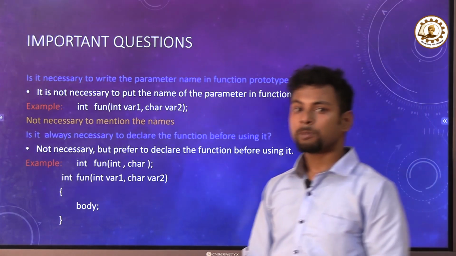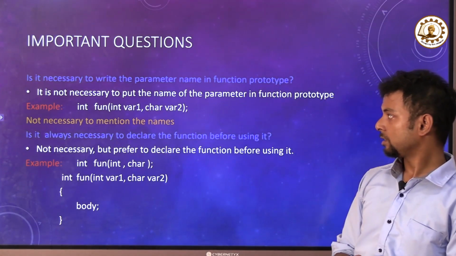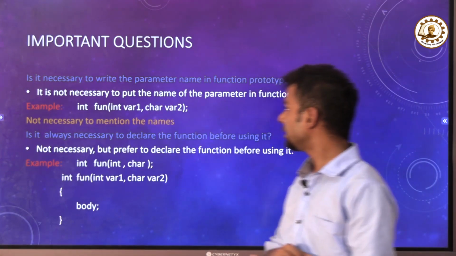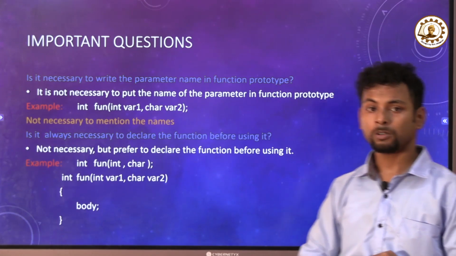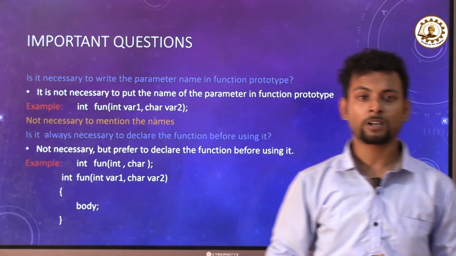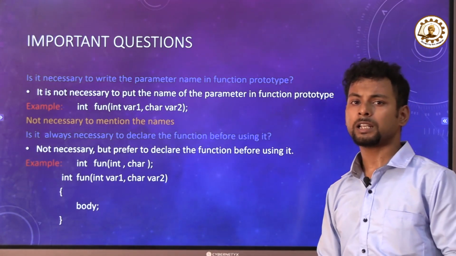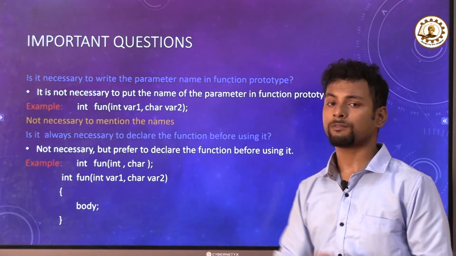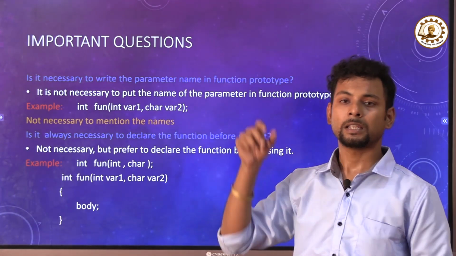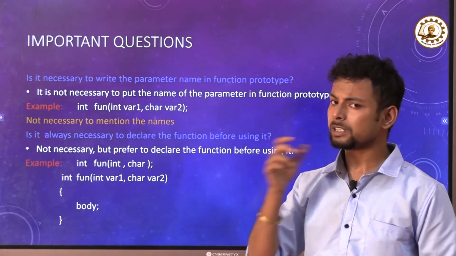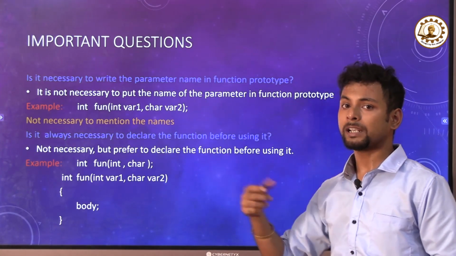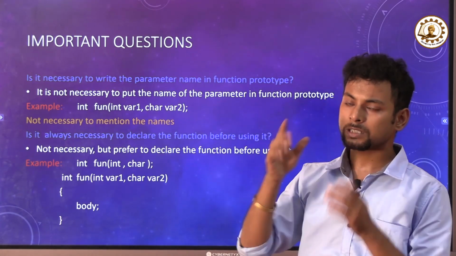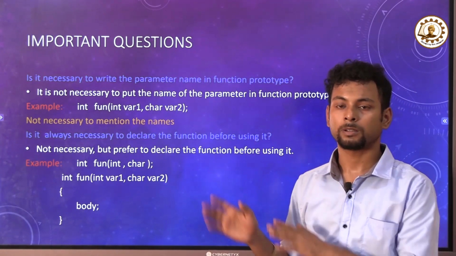Now some important questions regarding function. The first question: is it necessary to write the parameter name in the function prototype? Whenever you are declaring the function, it is not necessary to write the names of the parameters. For example, int A, int B, where A and B are the names of the parameters. It is not necessary to write int A, int B. You can simply write int comma int.